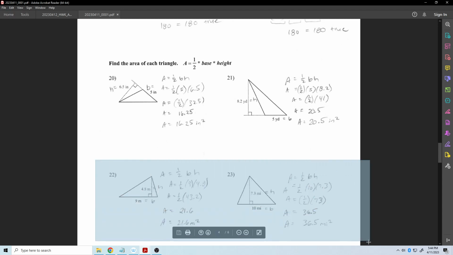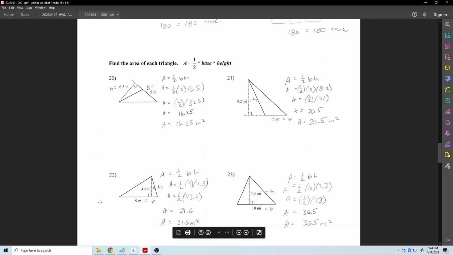So let me start with the discussion here on these two, right? You've got the big base here, saying 9 meters is the big base. I wrote here equals B. And the height is a perpendicular line, or in other words, a line that directly hits another line at 90 degrees, which you see all these have the 90-degree symbol.